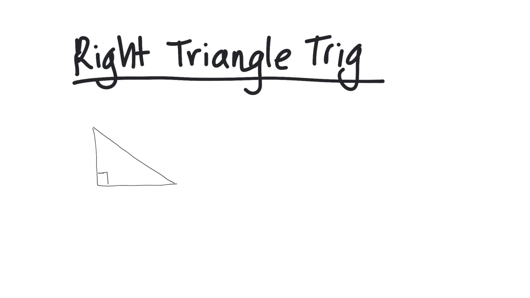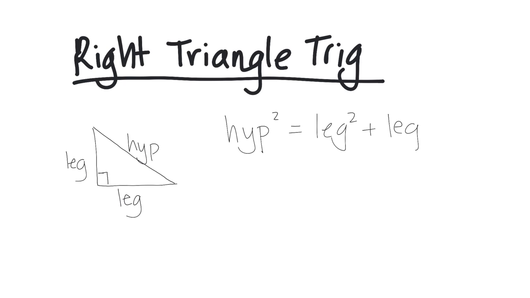And the sides of this right triangle are important. So opposite the right angle is always the hypotenuse. And then the two sides that form the right angle are called the legs. And the legs for the Pythagorean theorem are interchangeable. The Pythagorean theorem says that the hypotenuse squared equals one of the legs squared, plus the other leg squared.